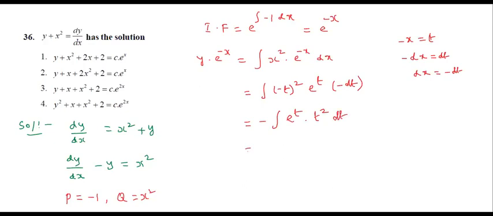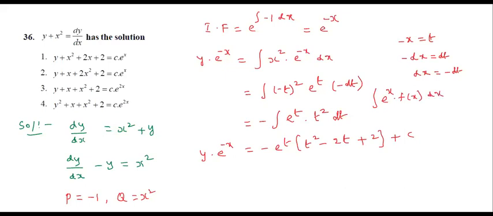Here we already know the formula for e power t. Now t square, minus t square derivative 2t, plus 2t derivative 2, plus c. The shortcut formula we already know: integration e power x into f of x dx.